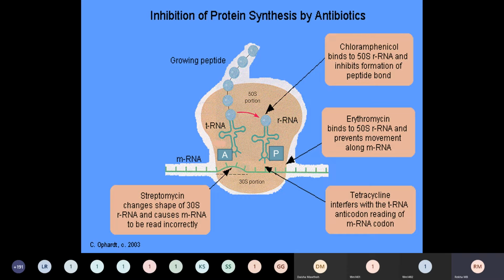As you can see here, the ribosome, where protein synthesis takes place, has a 50S ribosomal subunit and a 30S ribosomal subunit. The upper part is the 50S ribosomal subunit, the lower part is the 30S ribosomal subunit. In the 50S ribosomal subunit, you have the A site and P site. The A site is the acceptor site.